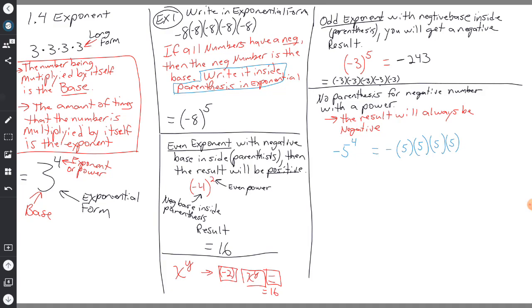So this negative is on the outside, where we have the base as positive 5. So that's why you're going to always have a negative result when this happens. No parentheses.